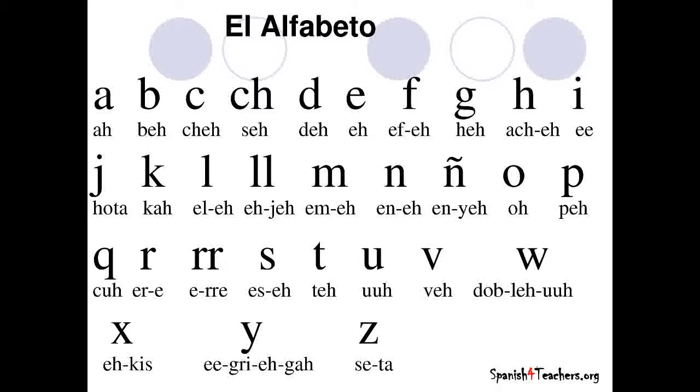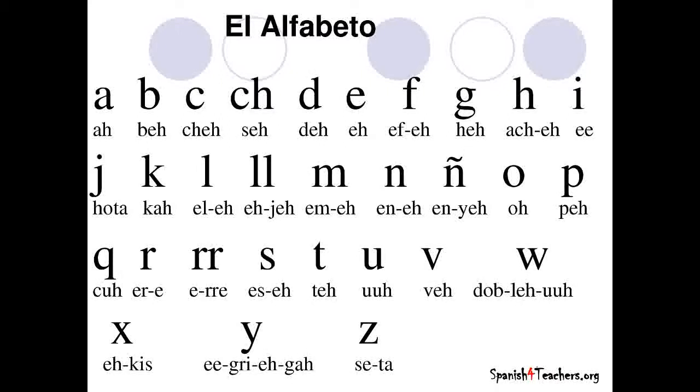The English letter R is called ere. Rio. Rio, river. The English letter S is called ese. Sal. Sal, salt.